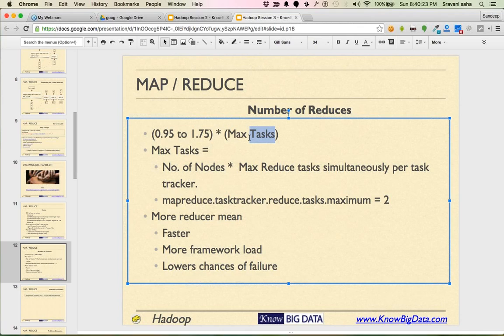If a node has failed, the node will have a smaller responsibility, and therefore a smaller responsibility has failed, so it's easier to restart. So more distribution of work, more resilience, and hence lower chances of failure.